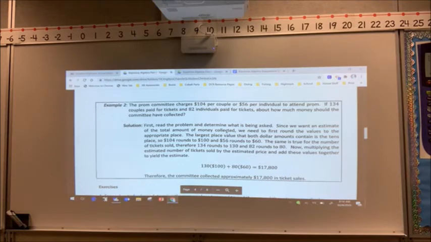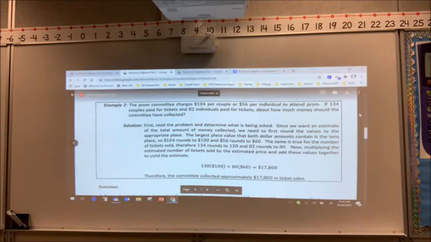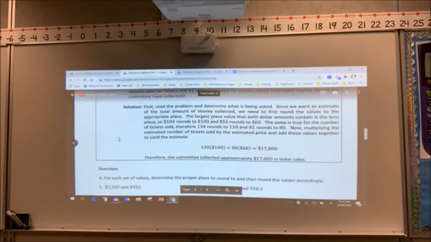Now, about how much means we're going to estimate here. If the question would be how much money did the committee collect, you would find the exact amount. So we're going to estimate here.